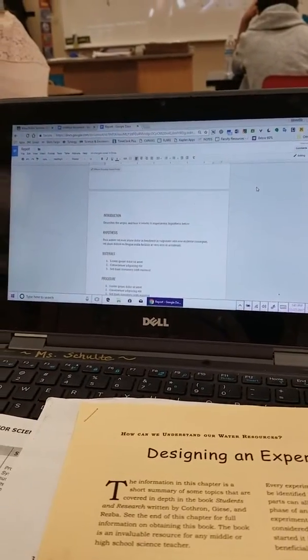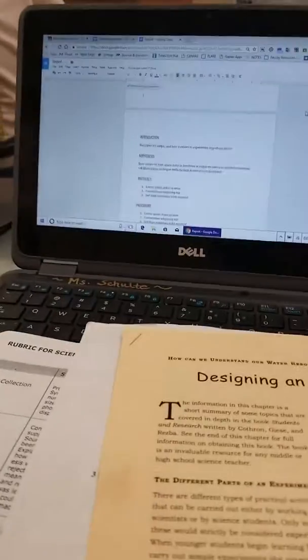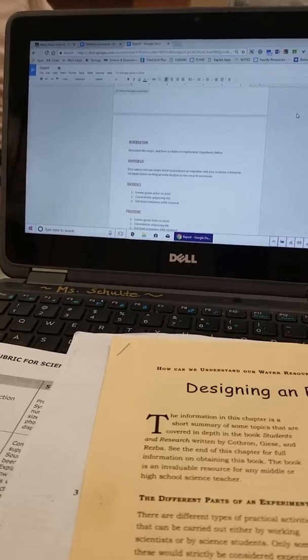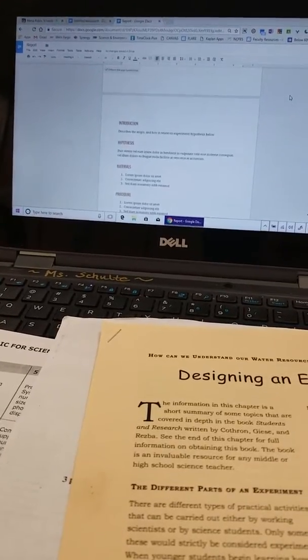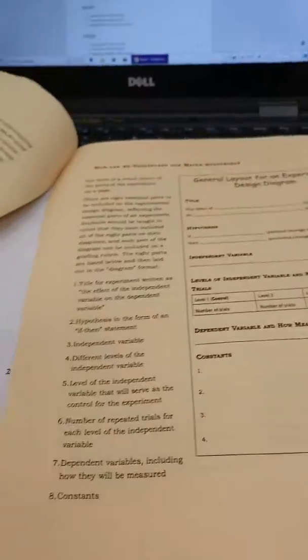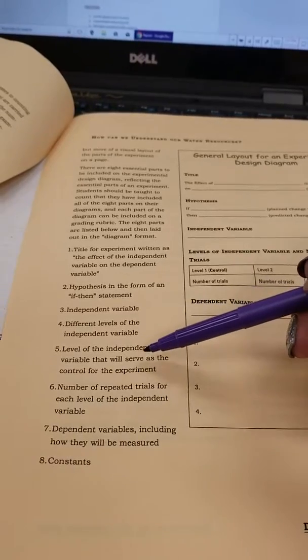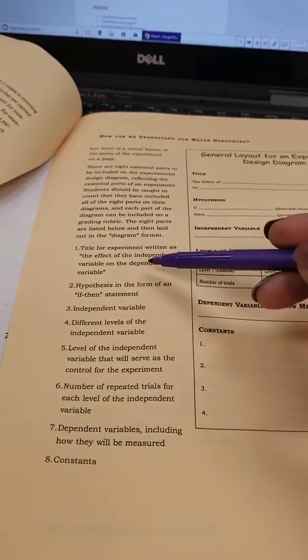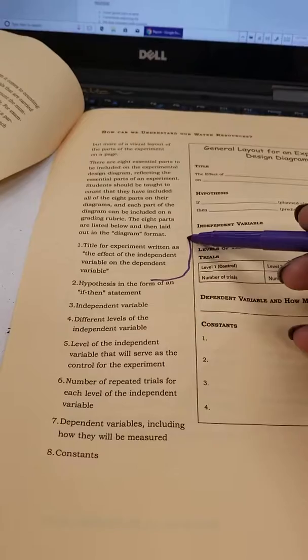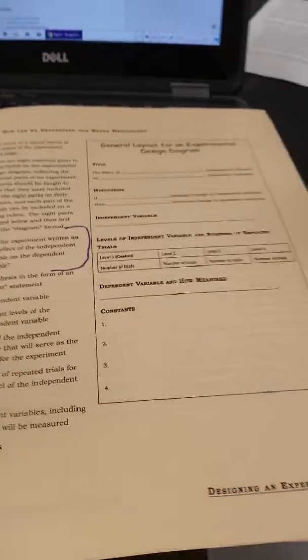I have basically sentence starters in front of me, and I am aware of anything I don't understand I need to ask about early. So, in this packet, I have a list of examples as far as what I can do for a title, the effect of this independent variable on that dependent variable.